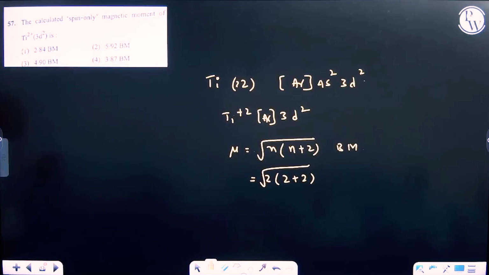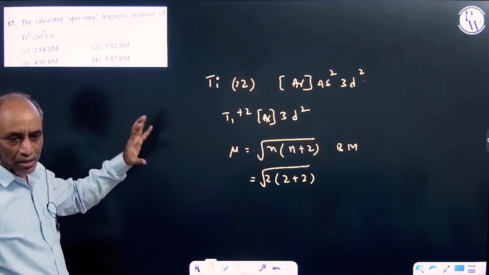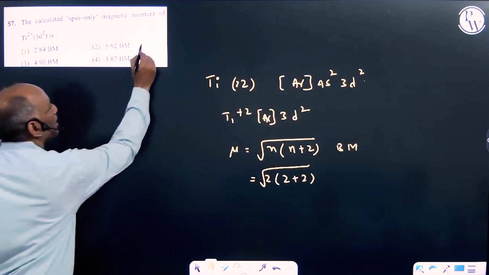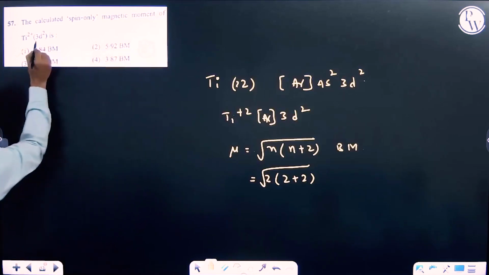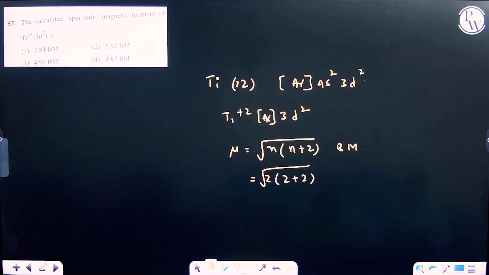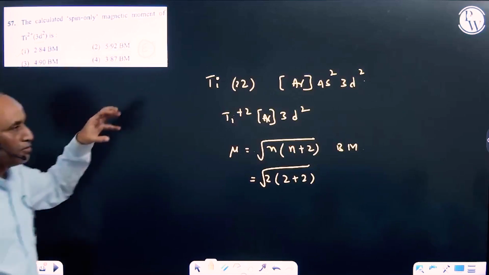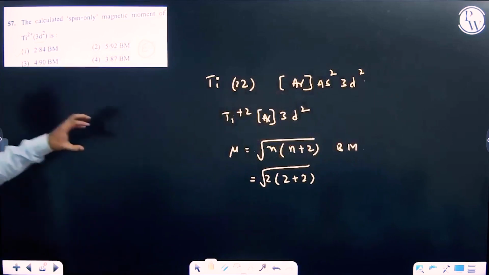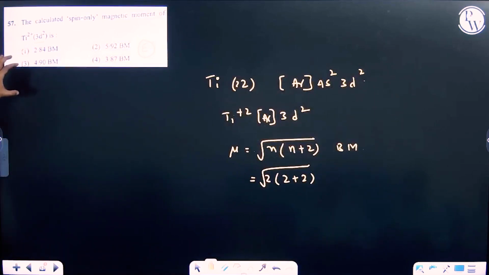So this is also a simple formula application based question, which I can classify as easy. Everything is given. You don't even need to remember the atomic number of the element, or whether an s electron or a d electron is removed. The d2 configuration is directly given, hence it is the easiest question.